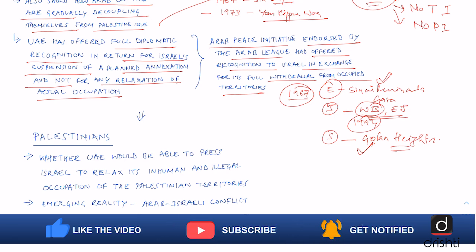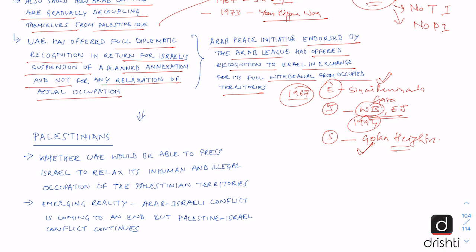So Palestinians are already suffering, and this deal does not do them much good. And the only question that the editorial raises is whether the UAE would be able to press Israel to relax its inhuman and illegal occupation of the Palestinian territories. And this remains to be seen.